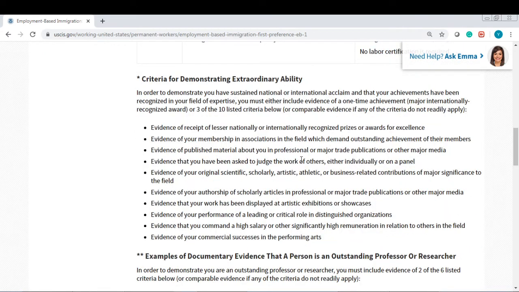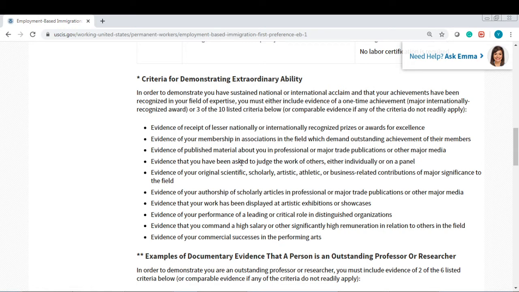Okay, here are the 10 criteria. Receipt of nationally or internationally recognized prizes or awards. You're a member of an association that demands outstanding achievement of its members. You have publications in professional journals or major media.